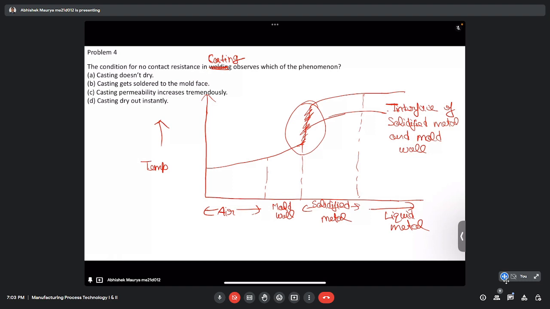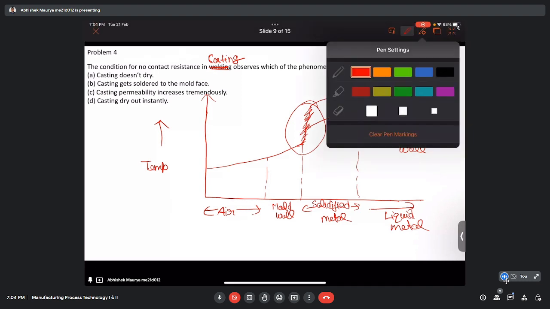So in the case of metallic mold, what happens when material solidifies? When material starts solidifying near the mold walls, then the material which is very close to the mold wall gets stuck to the mold wall. Okay, so I will show it schematically. So first of all, we will have a mold.